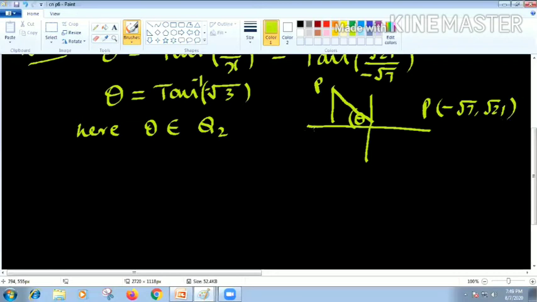So the point belongs to the second quadrant. The angle should be in between 90 to 180 degrees.